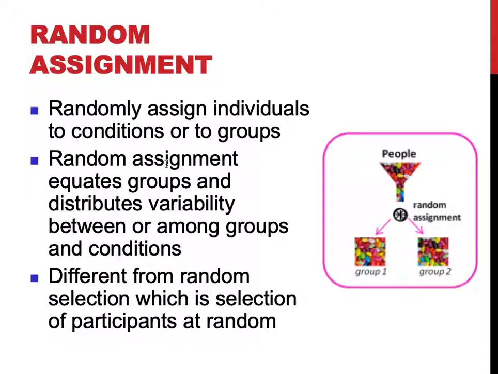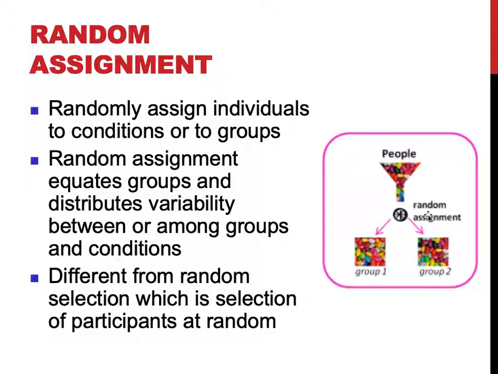The point again of random assignment is to make those groups equal, to distribute variability between the groups and conditions. So I should have just as many gifted students in this group as in this group. I should have just as many international students in this group as in this group. So my 2 groups are now equal, theoretically, if I did random assignment.